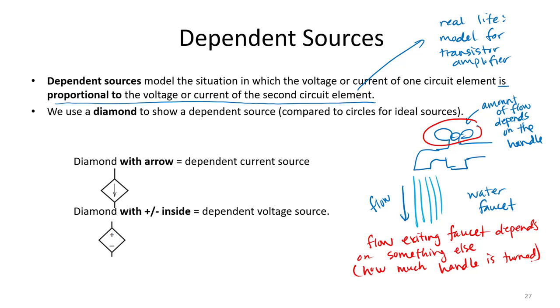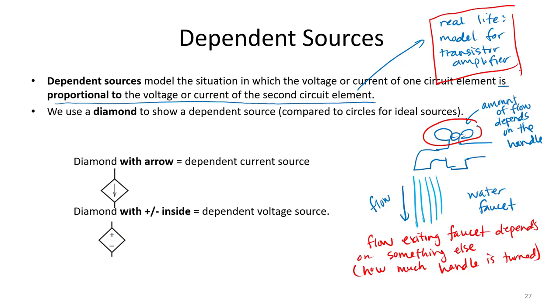So once again, dependent sources electrically are basically the same thing as this water faucet. It's basically a model for a transistor or an amplifier, and we'll cover those in more detail a bit later.